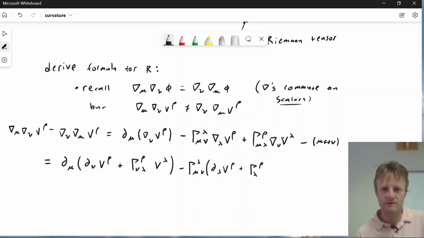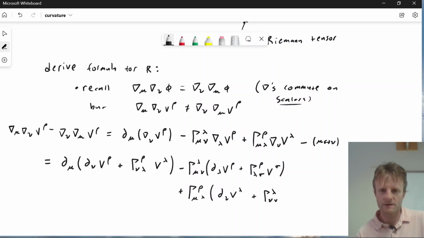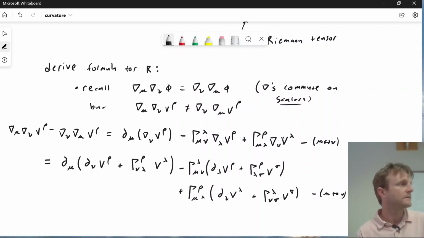Now I've already used lambda, so I'm going to need maybe a sigma as my dummy index. Maybe, but let's just go in order. Christoffel rho mu lambda, and then this is partial nu v lambda plus Christoffel. I guess I have an upstairs lambda now, a downstairs nu, and another sigma. And all this minus mu interchanged with nu.